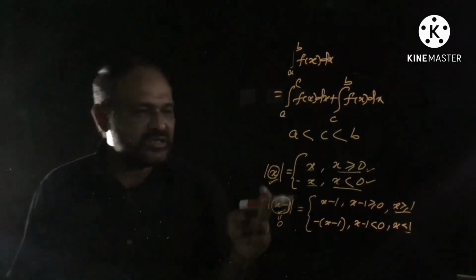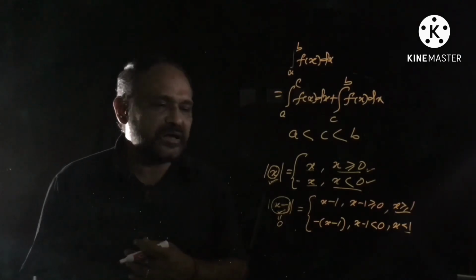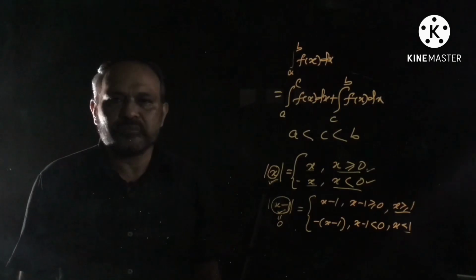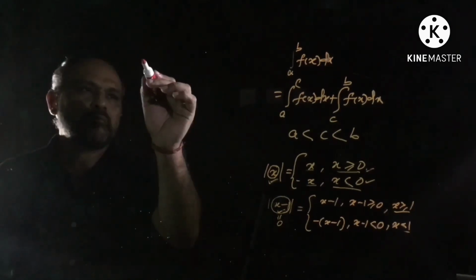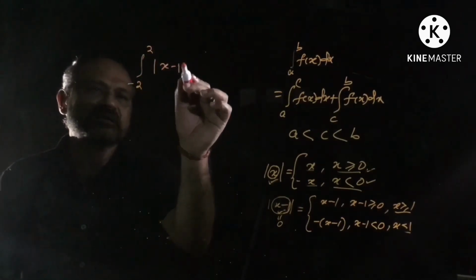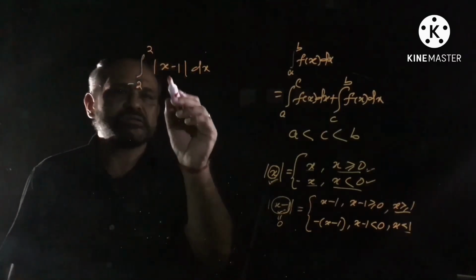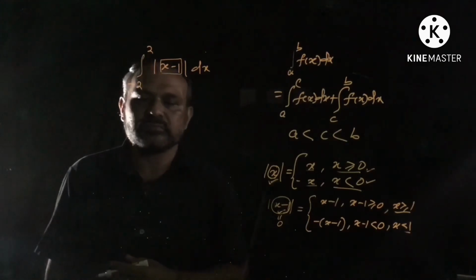Now, using this logic, we can evaluate the definite integral of a modulus function. For example, let us evaluate the integral from minus 2 to 2 of mod of x minus 1 dx. First, consider x minus 1 is equal to 0.